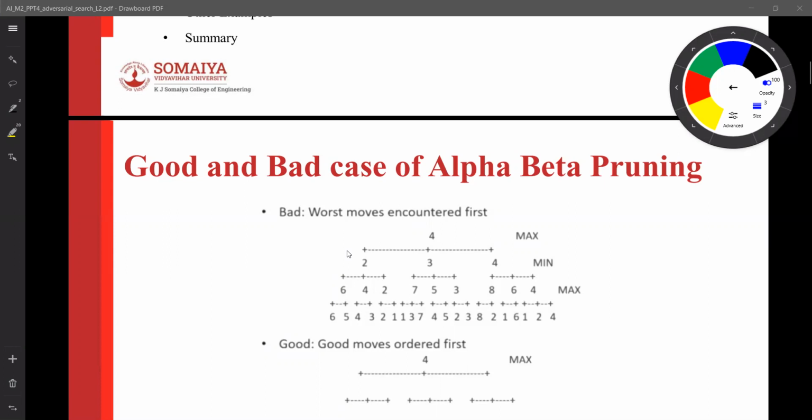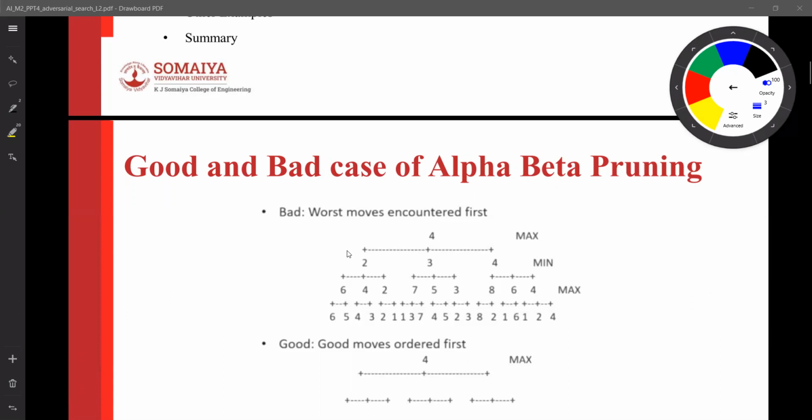It is not going to be a cut-off because alpha is never going to be greater than beta. So I move up, my max becomes 3, and alpha becomes 3. But again my beta will start from 8, then go to 6 and then 4. Alpha will never be greater than or equal to beta, therefore it will not be able to prune anything.